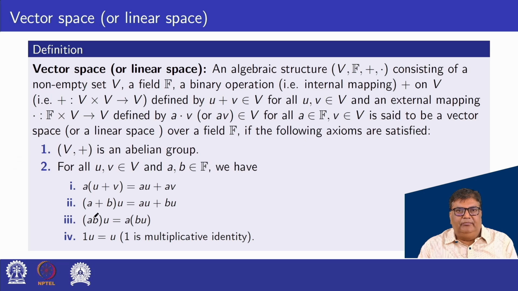Third, multiplication of two scalars a, b with a vector, that is (ab)u = a(bu), and multiplication identity 1·u = u, where a, b belong to F and u, v belong to V, that is a, b scalars and u, v vectors.